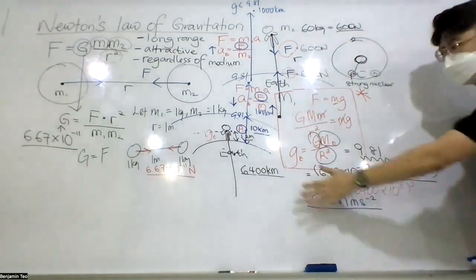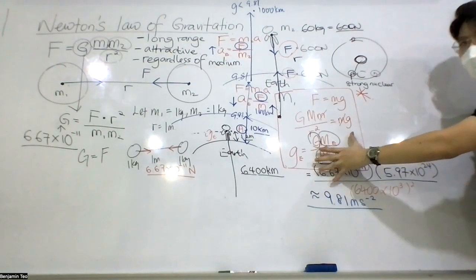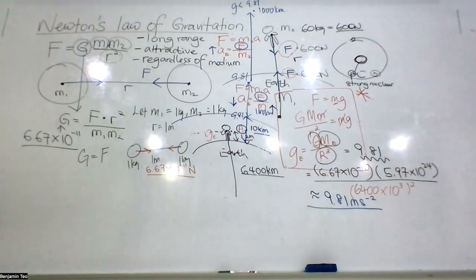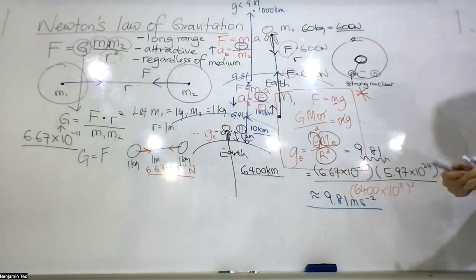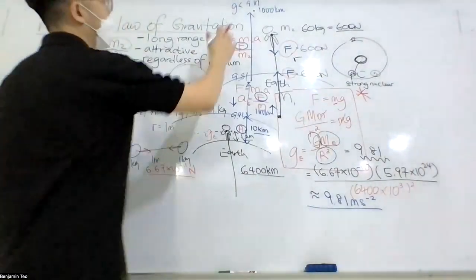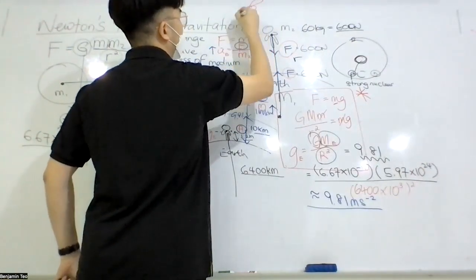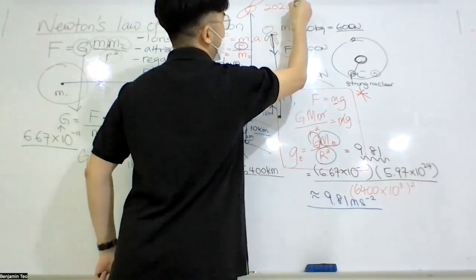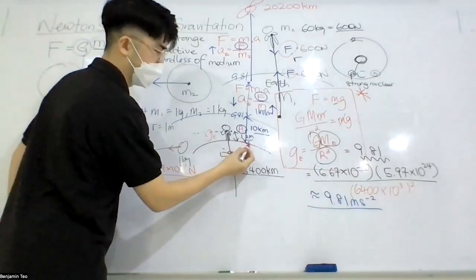So that means this calculation only applies to planets, satellites, orbits, in a large scale, where you have a significant change in the altitude. Like the calculation of a satellite that is 20200 kilometers above the surface of the Earth.